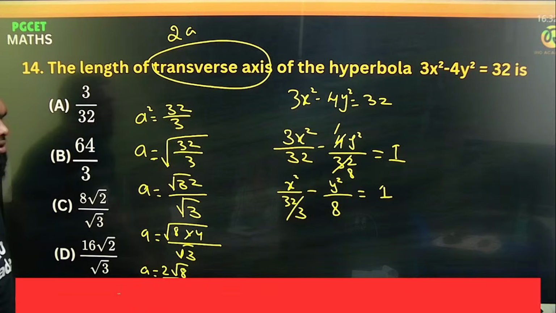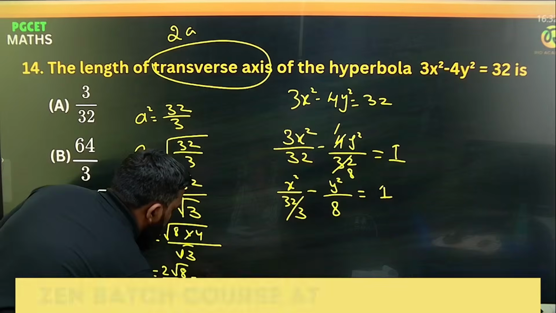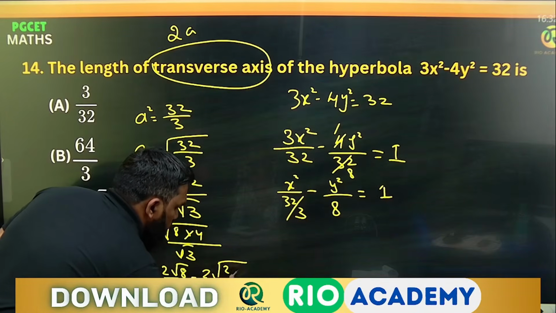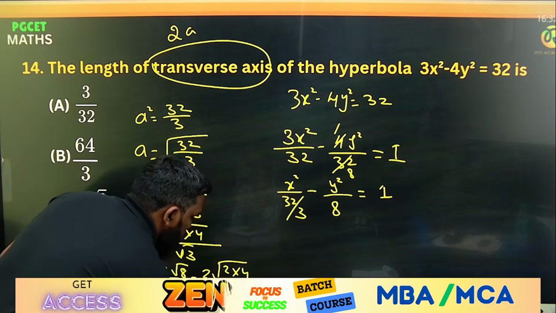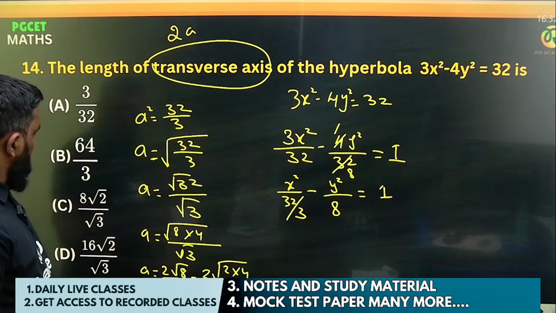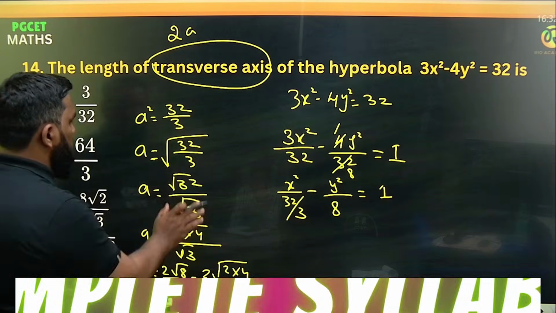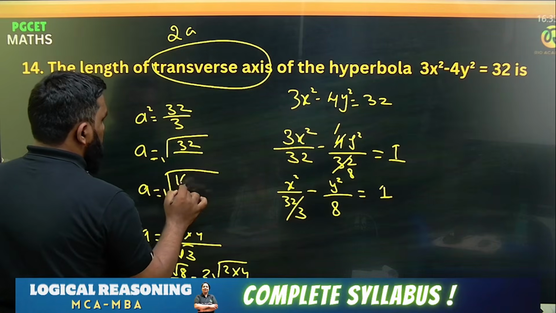Root 8 can be factorized again as 2 into root 2, and 4 can be taken outside.